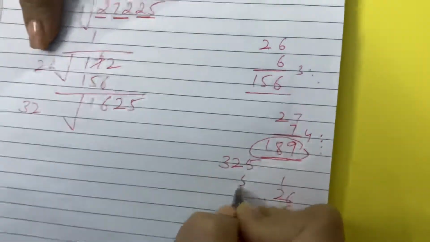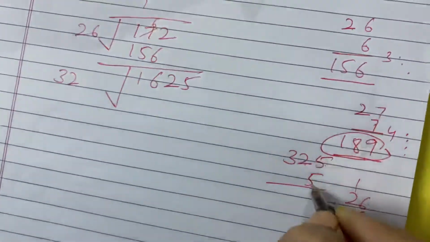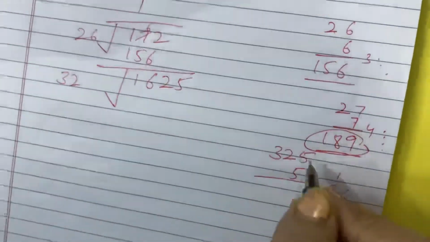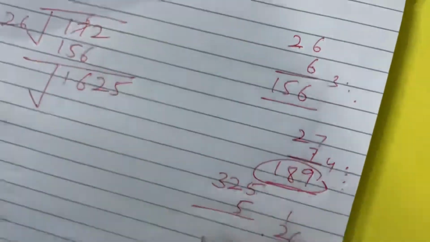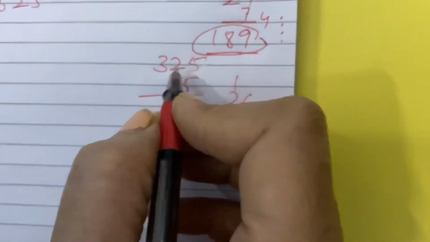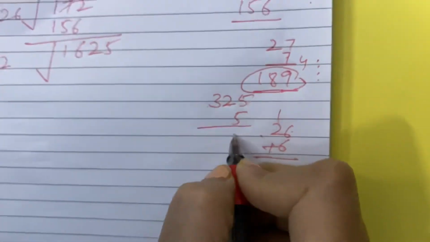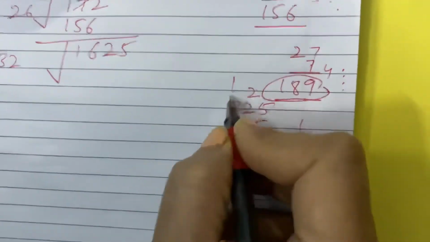Let's multiply 5 by 5. Means we have to multiply 325 by 5 so that the whole number 1625 will be divisible by 325 completely. So let's multiply 325 into 5. 5 5s are 25, 5 2s are 10, 11, 12, 5 3s are 15, 16.